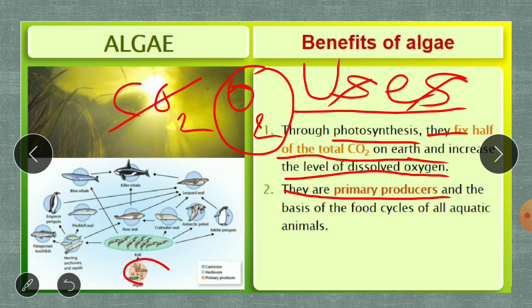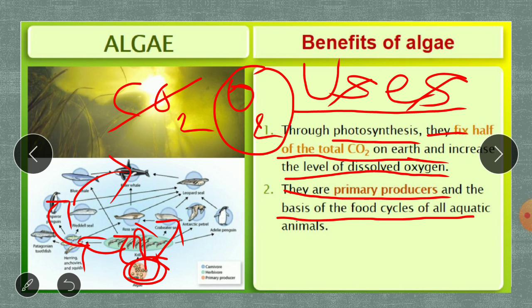These algae in turn are food to many other organisms. Smaller organisms eat algae, these smaller organisms are eaten by others, and they in turn are eaten by the next. So on these algae, many other organisms survive, forming the basis of the food cycle of all aquatic animals.